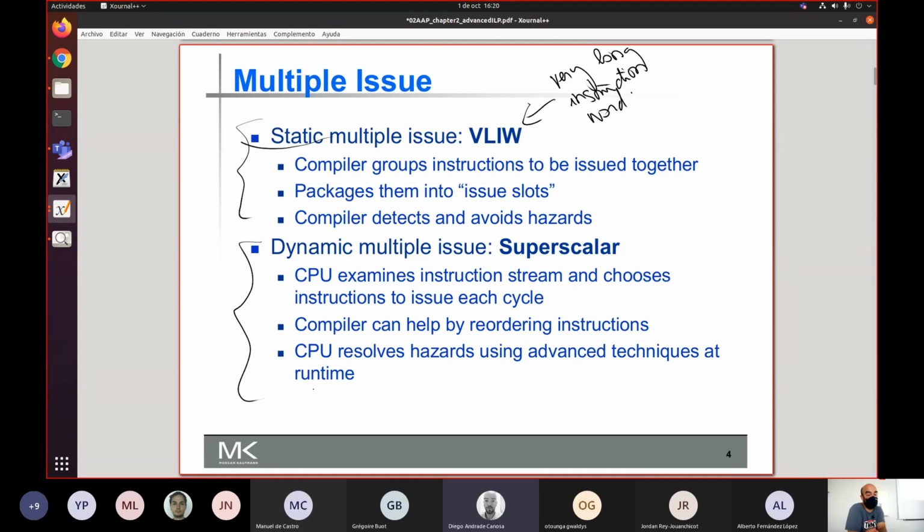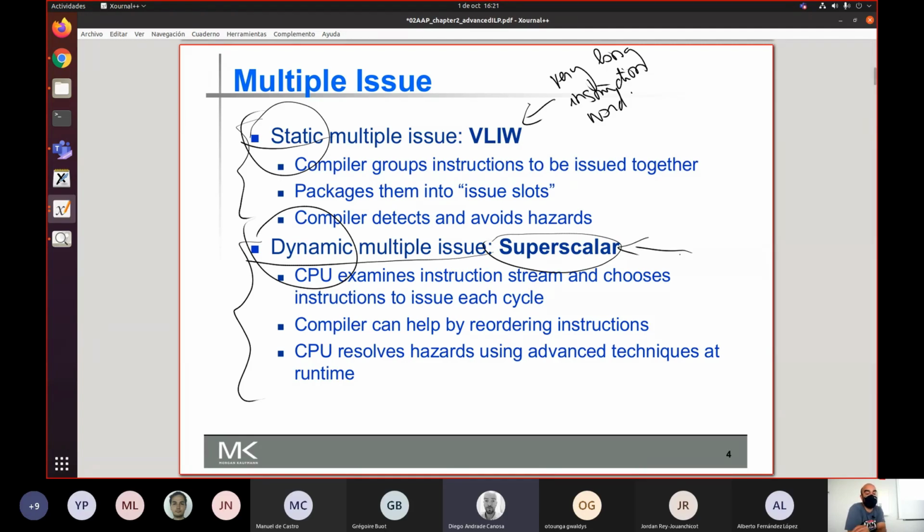This is what we call dynamic multiple issue, as opposed to static, okay, because it happens dynamically during the execution of the code, and the kind of machines that have this ability, and that are basically most of the modern processors, are called superscalar processors, okay?